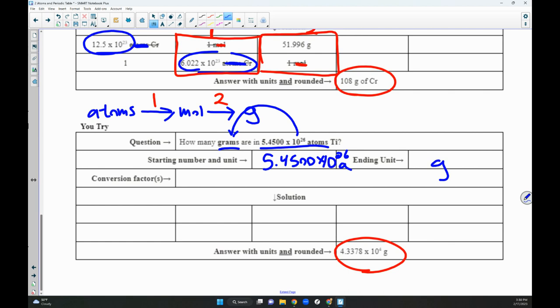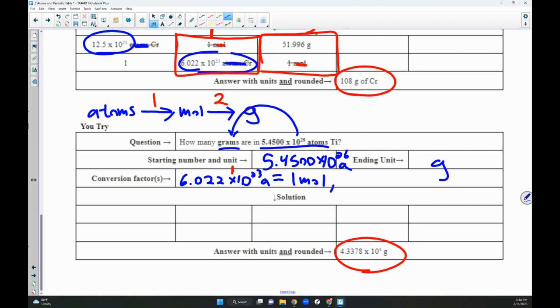My first conversion factor is going to get me from atoms to moles, so the relationship between atoms and moles is 6.022 times 10 to the 23rd atoms equals 1 mole. So that is conversion factor number 1 that I use for step 1.